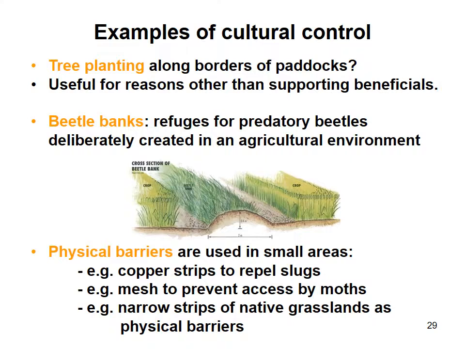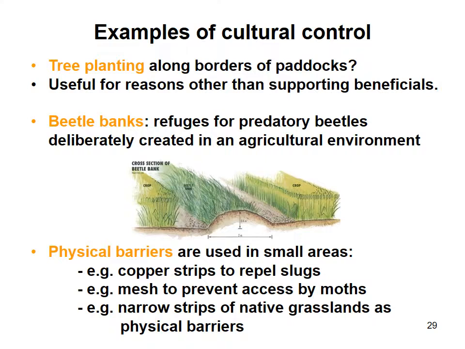Tree planting is often raised as a possible cultural control method of increasing the numbers of beneficials. But the problem is that the beneficials in trees prefer tree habitats, not grassland type environments, while beneficial species that prefer cropping, pasture, grassland type environments tend not to inhabit trees.